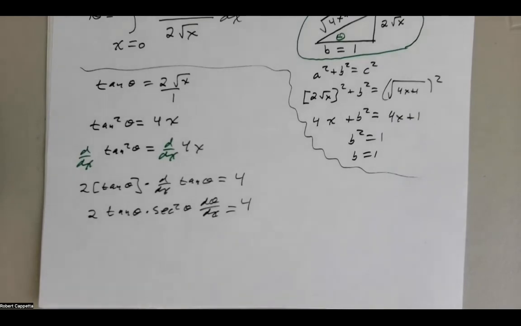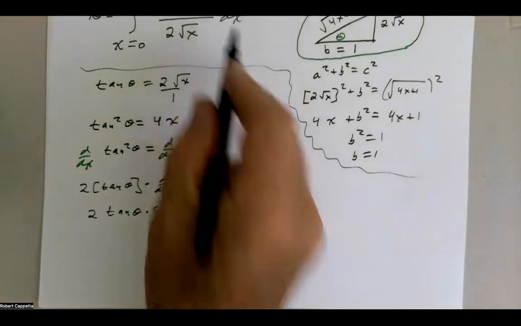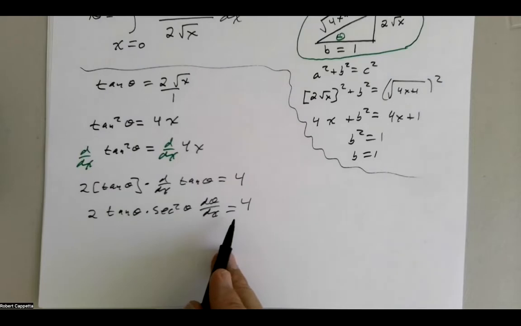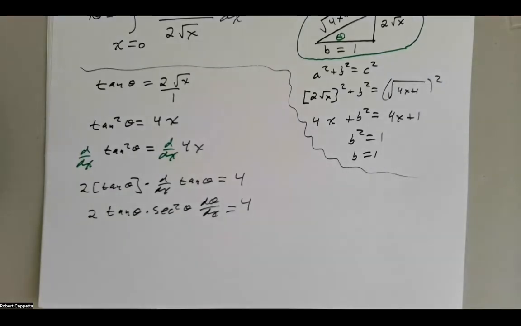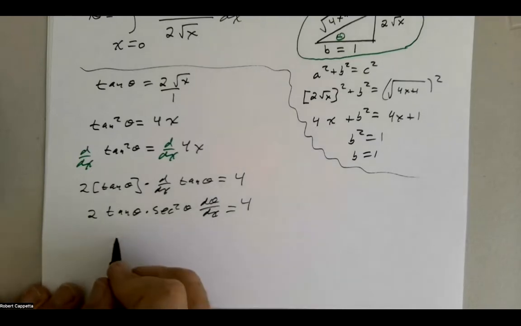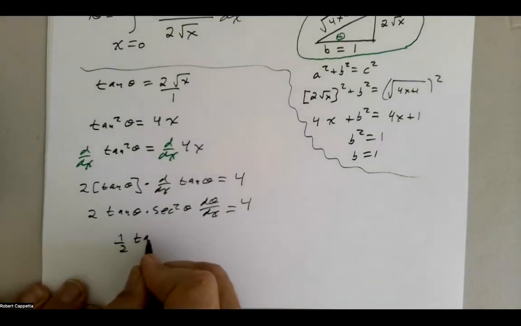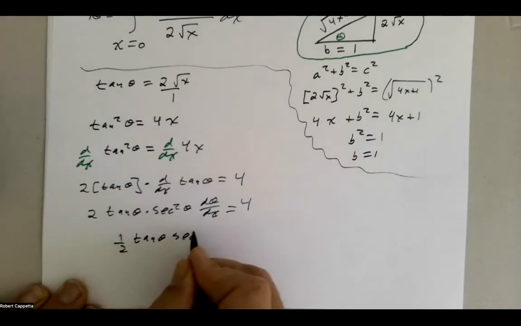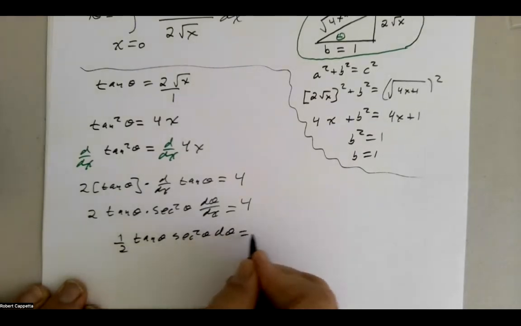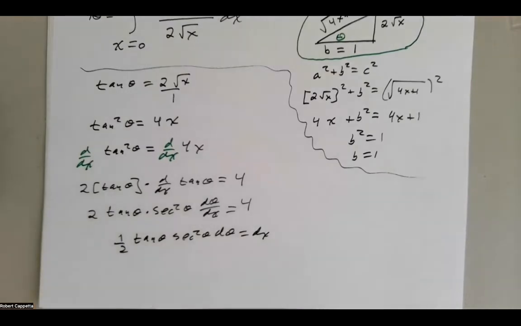We need to solve for dx. So divide both sides by 4, multiply both sides by dx, and what does that give me? So 2 over 4, 1/2, tan theta, secant squared theta d theta equals dx. So I have my substitution for dx.